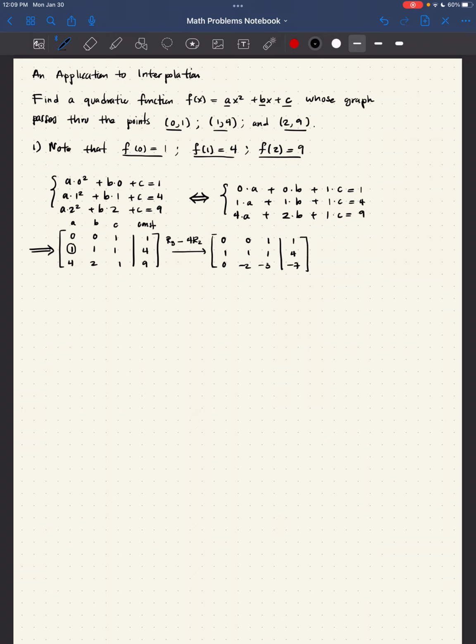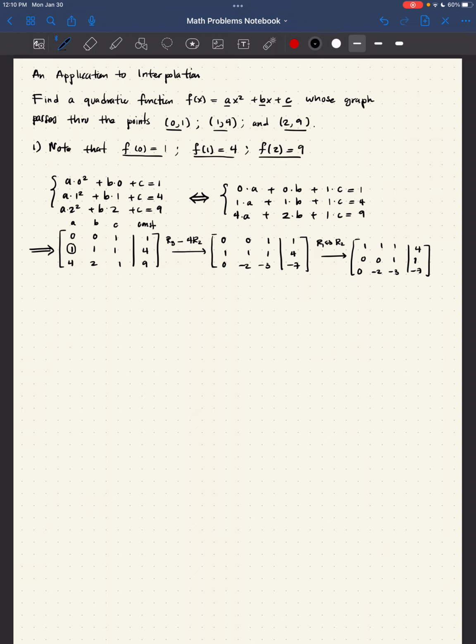Next, I'm going to exchange row 1 with row 2, and now I have the following matrix: 1, 1, 1, 4, then 0, 0, 1, 1, then 0, negative 2, negative 3, negative 7.